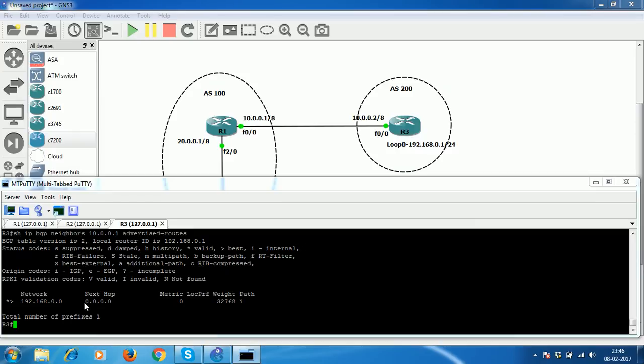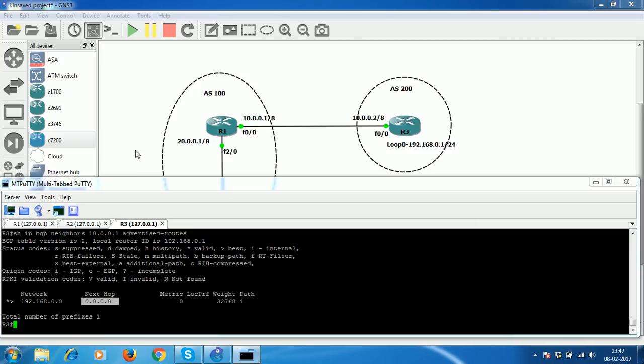Wherever you see the next hop as 0.0.0.0 in BGP, that means it originates from the same router. So there is no need for a next hop to reach this particular subnet, because it is locally within that router R3 only. Fine, I think you are clear with this concept.